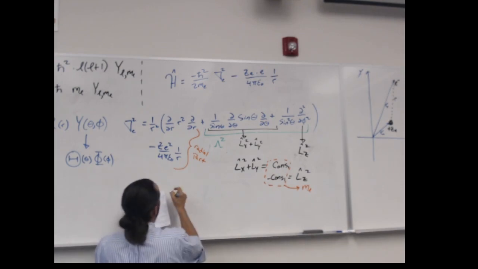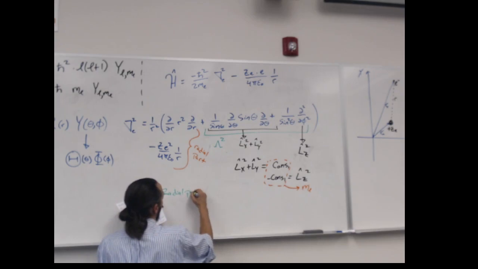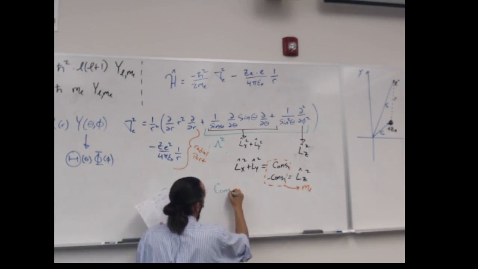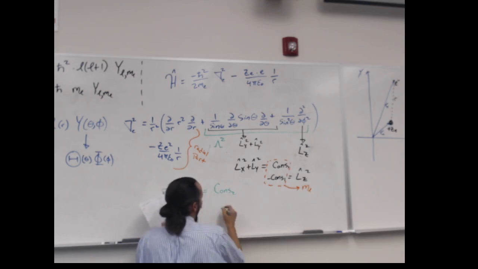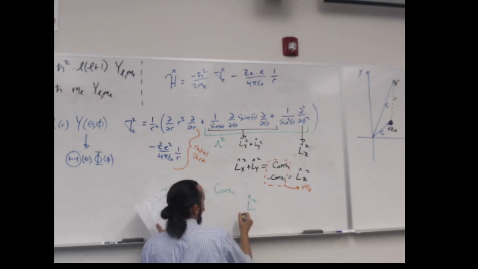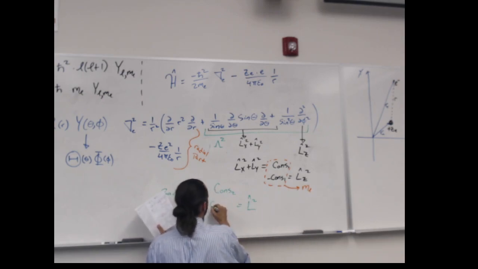I can also say my radial part is equal to some different constant. We'll call it constant 2. And then my angular part, my L hat squared, is going to be equal to that same constant, but a negative version of that constant.